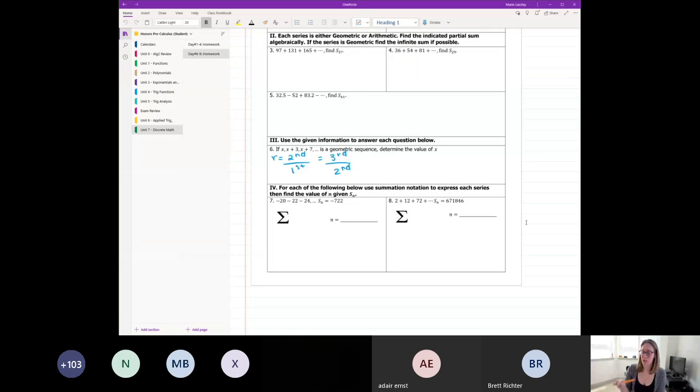So to set this up, my second term, x plus 3, divided by my first term, x, should equal my common ratio. I can also find it by doing the third term, x plus 7, divided by my second term, x plus 3.